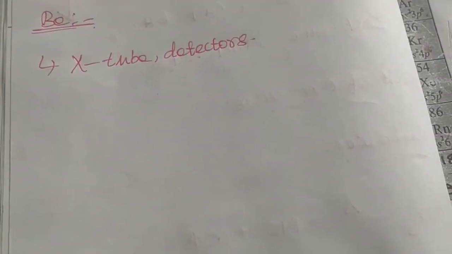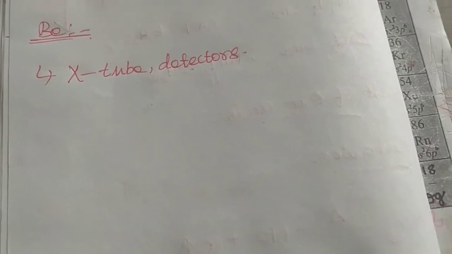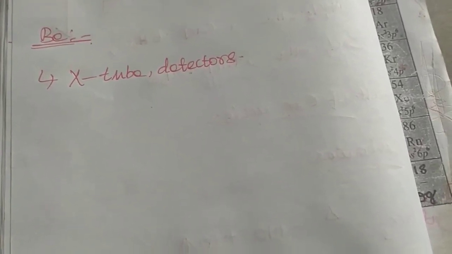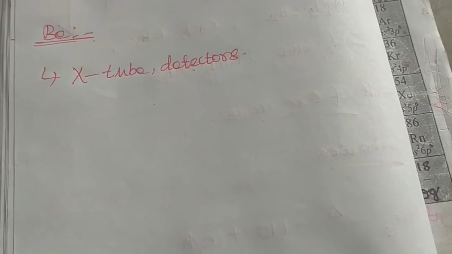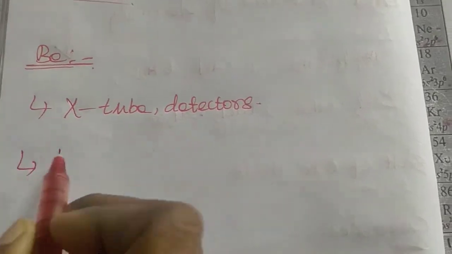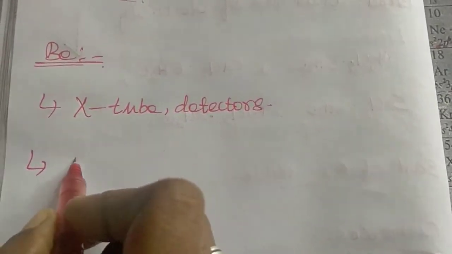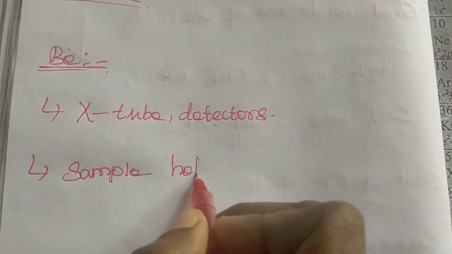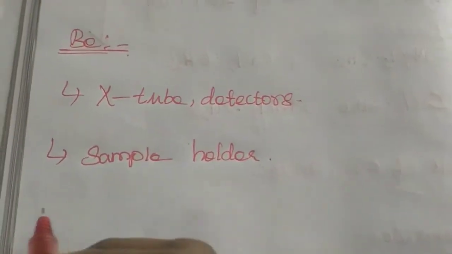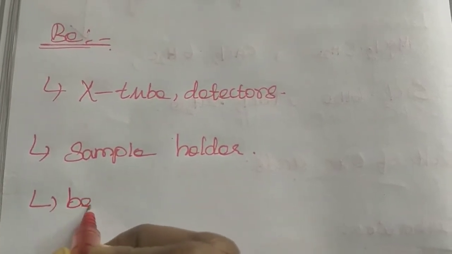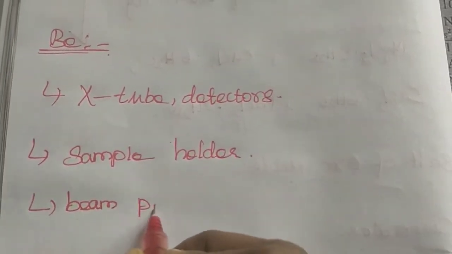And also beryllium is transparent to energetic particles. Because of this specific character, we use beryllium to build beam pipes in accelerators. First, sample holder in X-ray equipment, and the next one, beam pipe in accelerators.